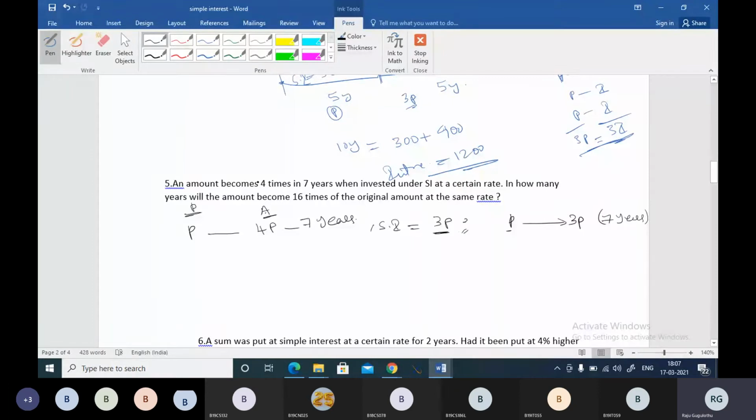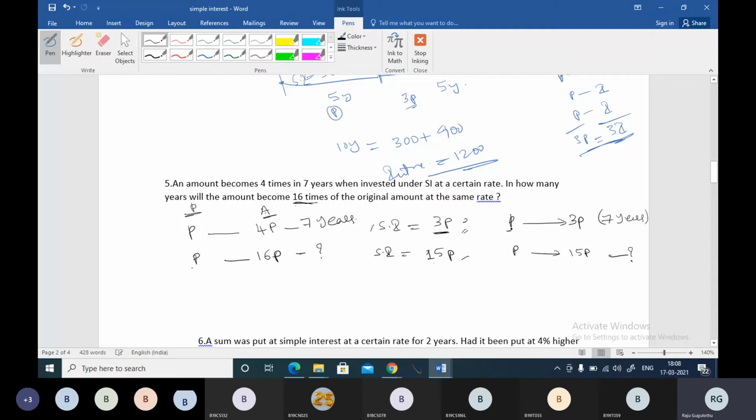And in how many years will the amount become 16 times of the original amount? You can see P now has to become 16P, 16 times the original. In how many years? That is the question. Simple interest will be 15P. Now P becomes 16P, but it happens in how many years?